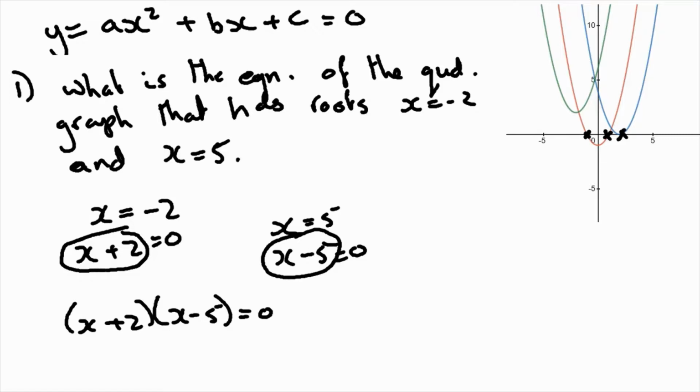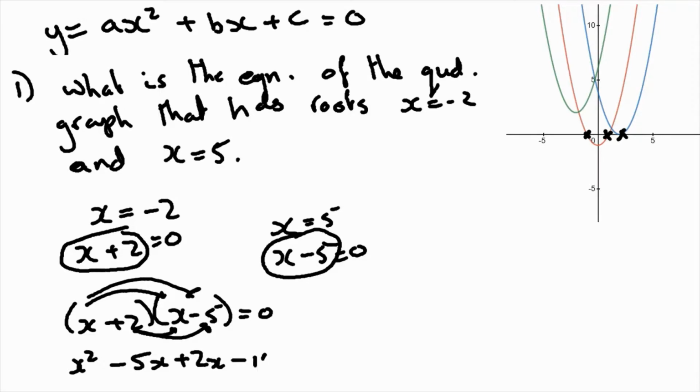Now to get the equation of the graph, we're going to expand this. So x times x is x squared. X times negative 5 is negative 5x. 2 times x is plus 2x. And 2 times negative 5 is negative 10.